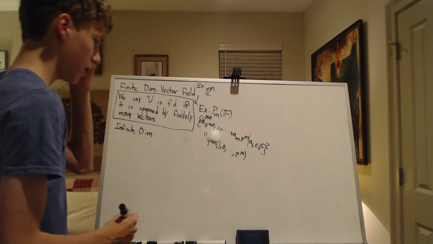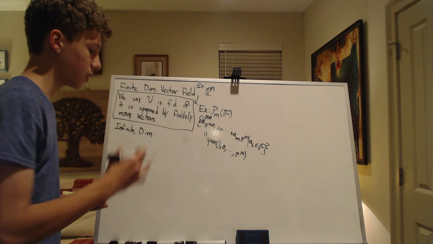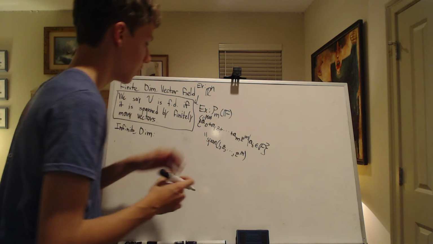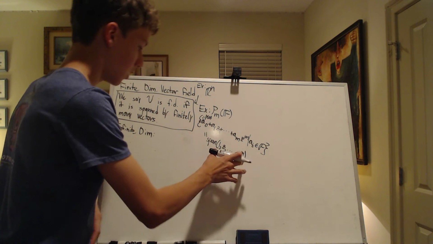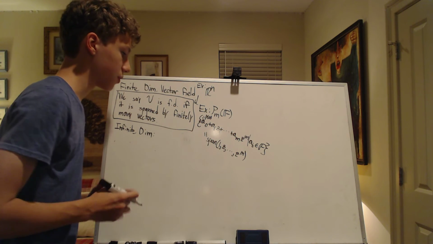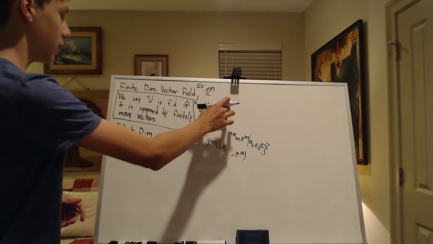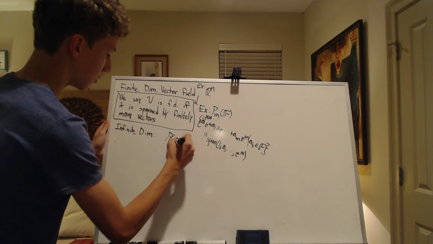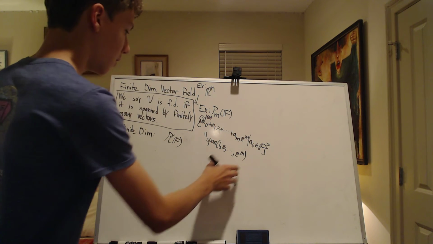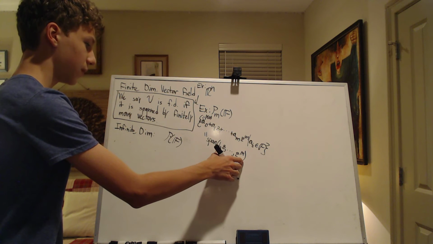Because this is literally the definition. We're looking at all linear combinations of these quantities in our vector space, which is, in fact, the following. This here, all monomials up until m.